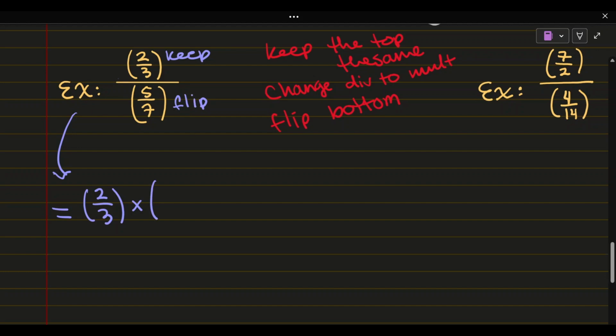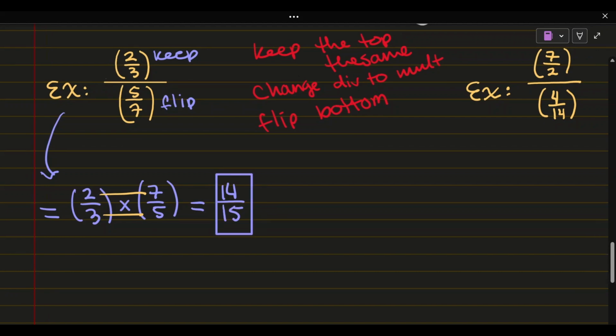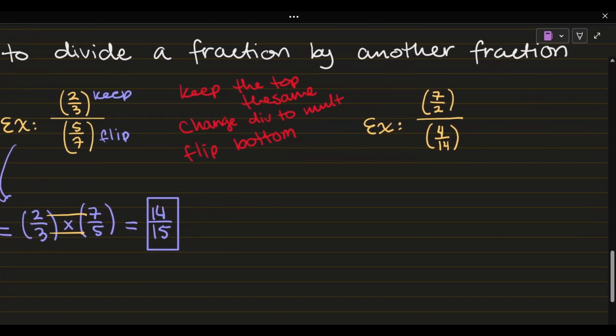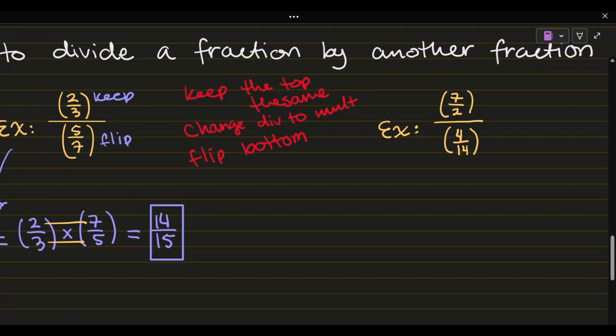Flip the bottom fraction. So I have 7 over 5. And now we know how to multiply fractions. We just talked about it. We just go across. So I have 2 times 7 is 14 over 3 times 5 is 15. So I have 14 over 15. Very, very easy.